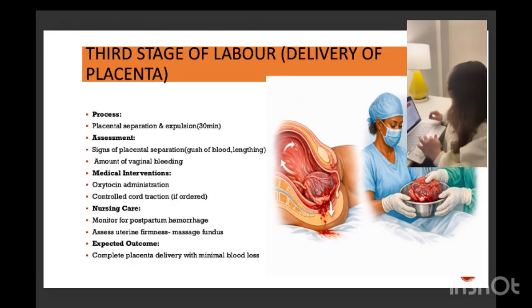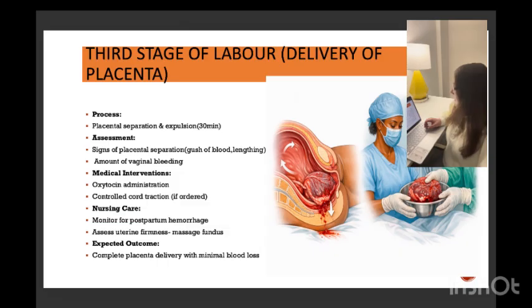So we are on slide number 5 right now, and this is our third stage, delivery of the placenta. This is placental separation and expulsion. It should occur within 15-30 minutes. If it's longer, it can cause hemorrhage, and it's concerning why it's not coming.